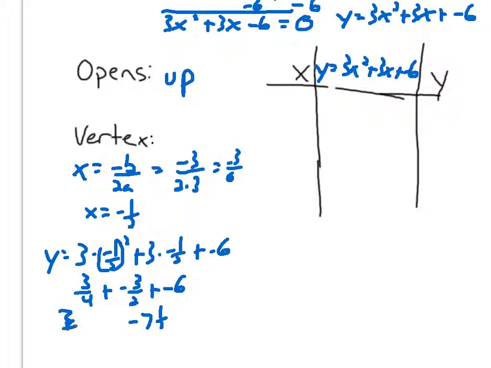And I've got 3/4 here that I have to add on to that. So negative 7 and 2/4 plus 3/4, well that is going to give me negative 6 and 3/4 for the y value. So my vertex is at negative 1/2 and negative 6 and 3/4.